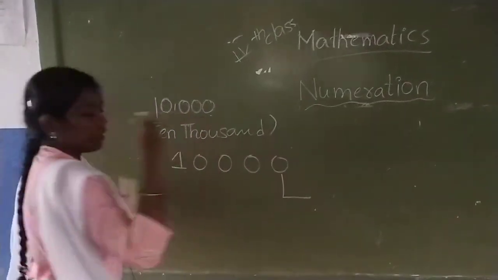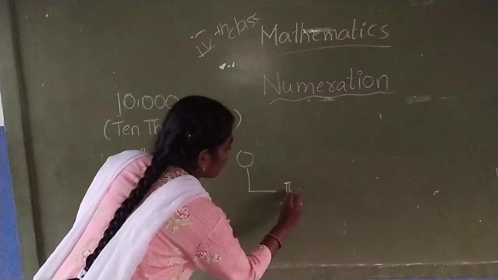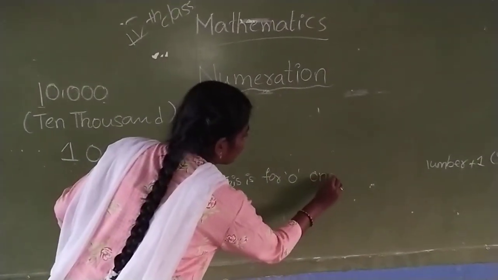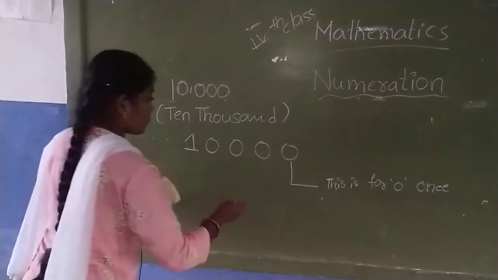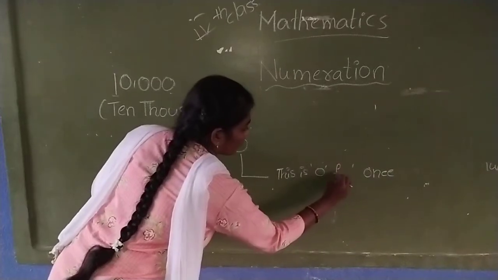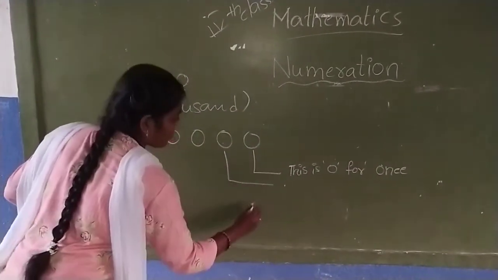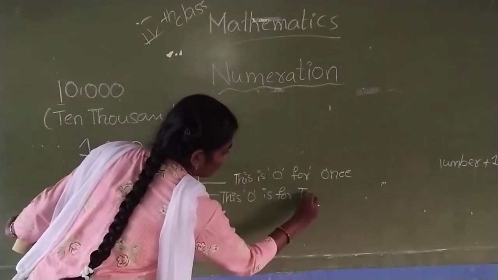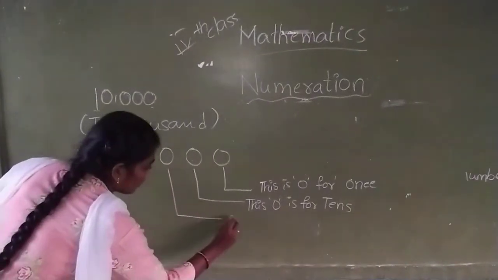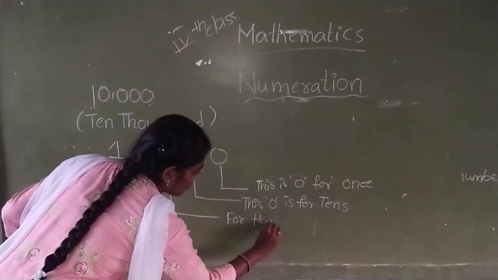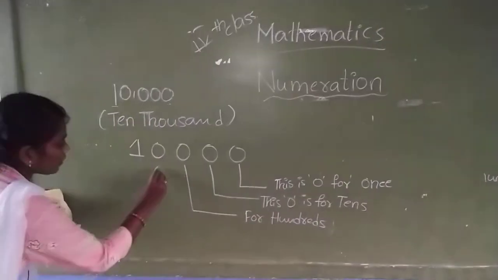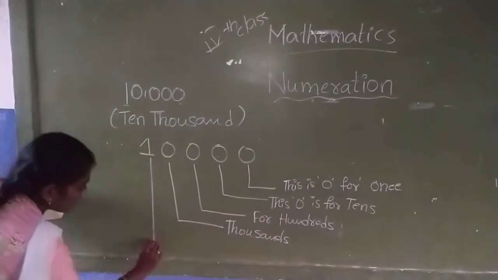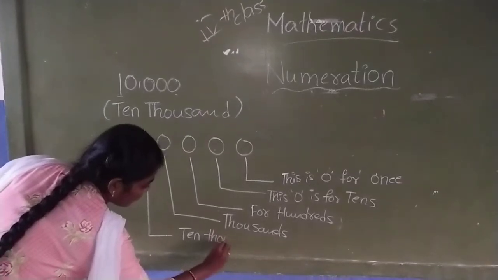In this, this 0 is for ones, this 0 is for tens, this is for hundreds, this is thousands, and this is 10,000s.